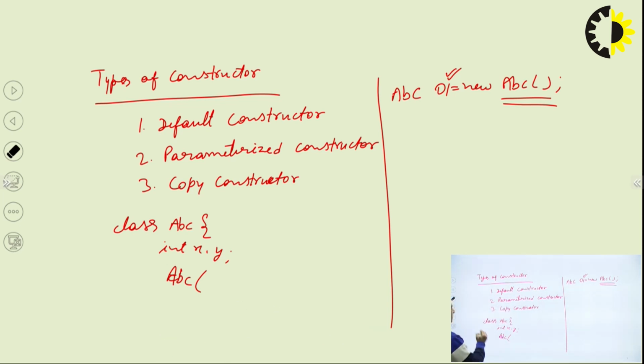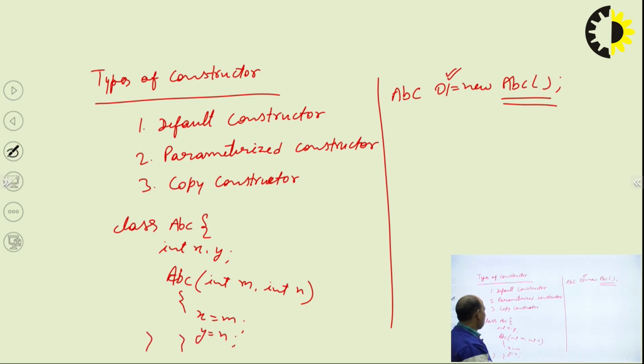I am creating a constructor like this and passing some parameters to it. Let's say I am passing m and n of integer type, and assigning m to x and n to y.